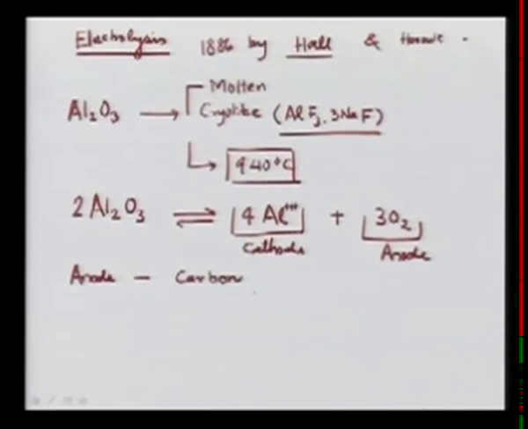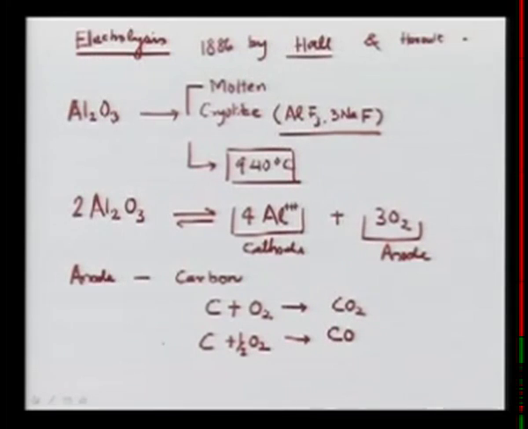So this oxygen, when it reaches the anode, can react with this carbon anode and produce CO2. It can also produce CO. Balance that. So what you are really seeing is that aluminium is constantly produced and oxygen is also produced.